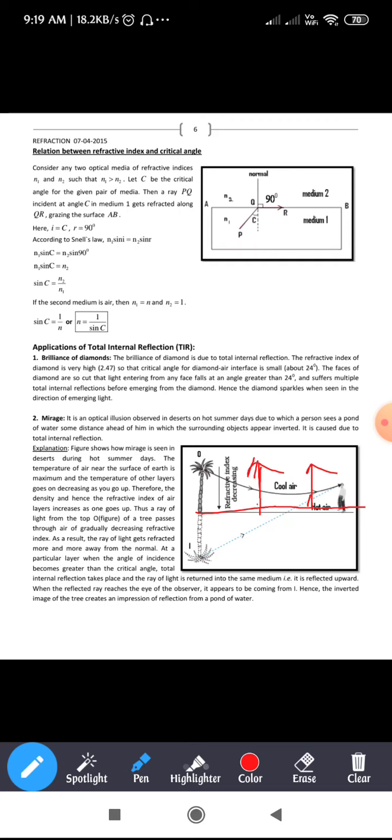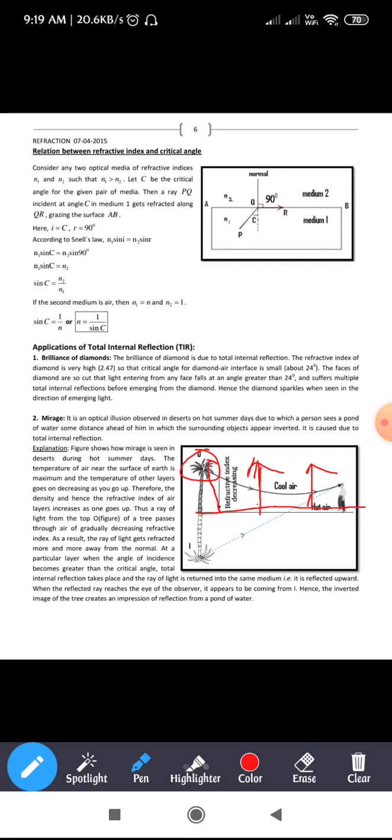So when you consider an object, the light ray which is coming from the object, moving in the downward direction, moves in a decreasing refractive index. As you know, when you draw a normal, the ray always moves away from the normal.